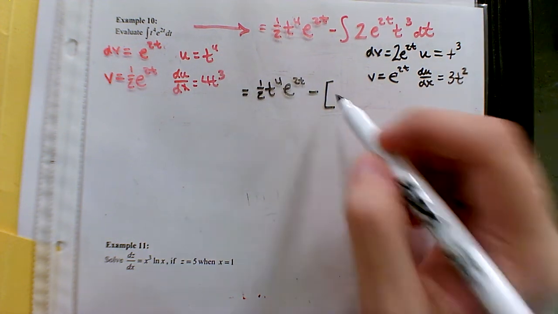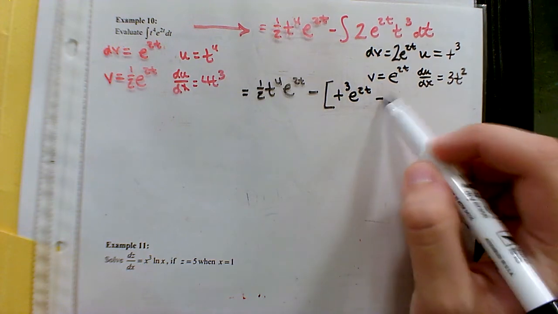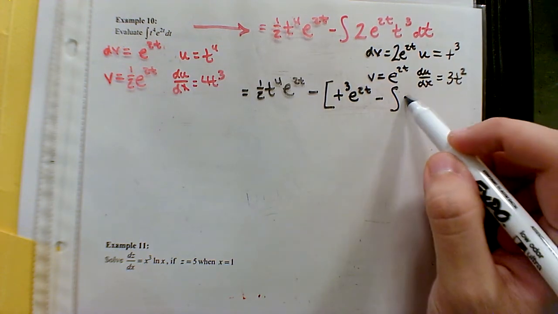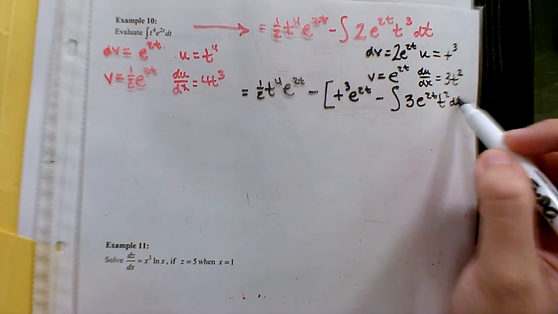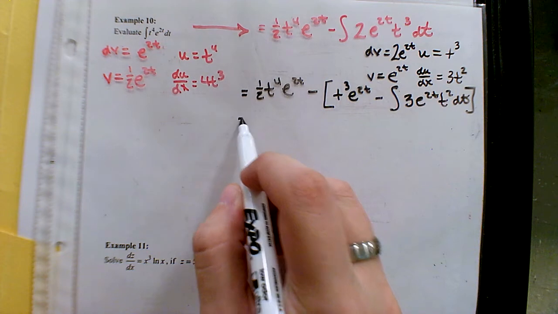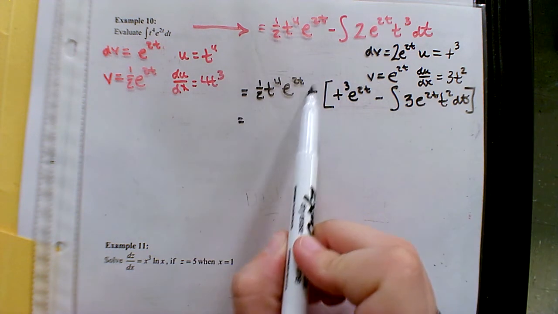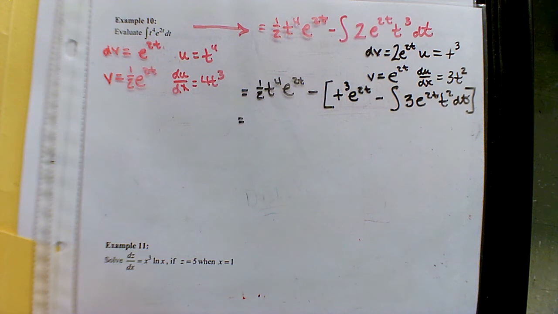We would need u times v minus the integral of v du. Maybe at this stage in the game, do you guys want to distribute in that minus sign to get rid of those brackets? One less symbol in our expression that we have.